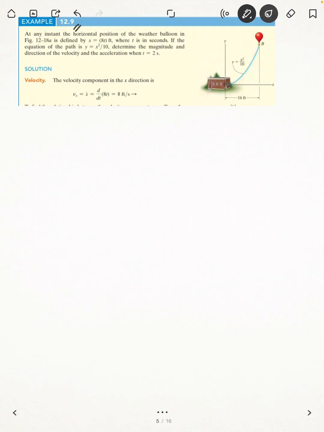As you can see, at an instant, the horizontal position of the weather balloon in this figure is given as x equal to 8t. The equation of the path of the motion is y equal to x squared by 10. You are asked to determine the magnitude and the direction of the velocity and the acceleration at t equal to 2 seconds.